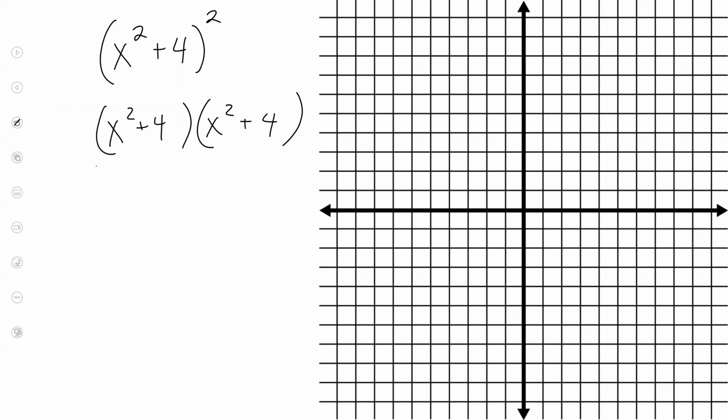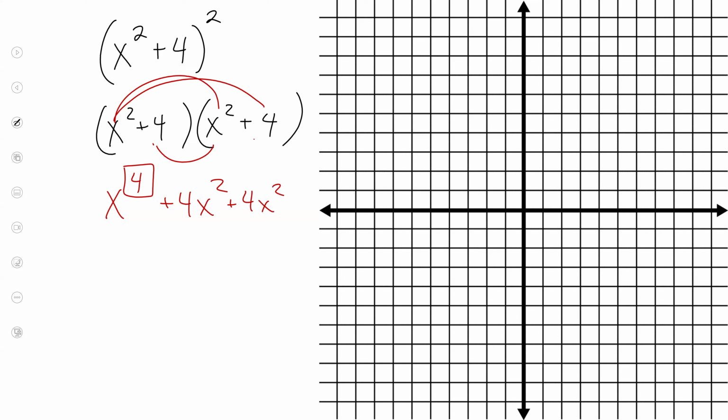Now, if I FOIL this, if I multiply it, x squared times x squared is what, guys? X to the 4th. That's going to be the biggest degree you get, right? Because your next one is just 4x squared. This one is also 4x squared. And this is just 16.